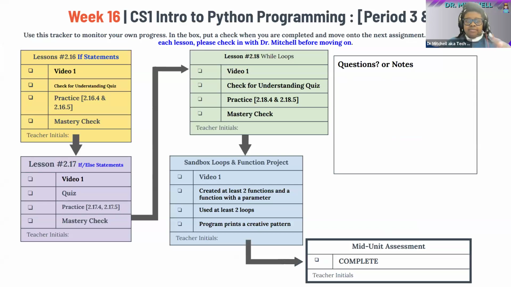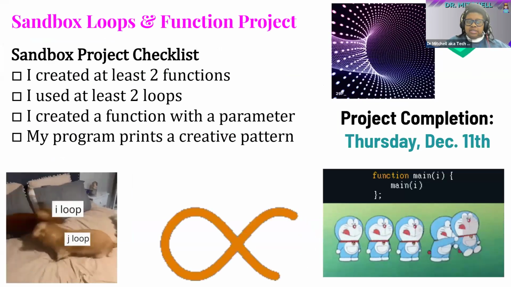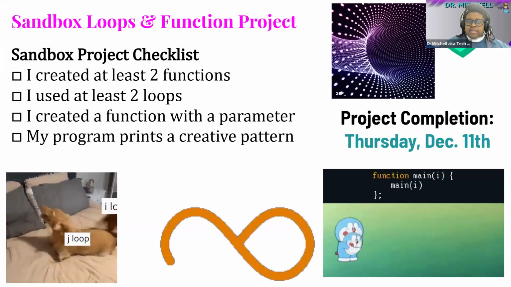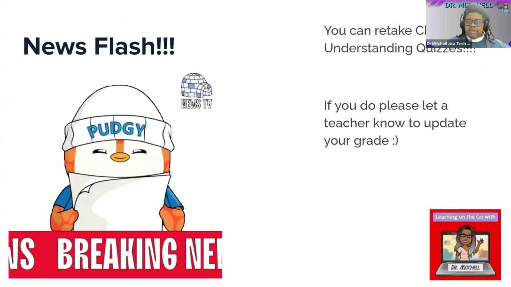I also will have this printout just in case you need the guidance for lesson 2.16, which is if statements, 2.17, which is if and else statements, and then lesson 2.18, which is while loops, and then obviously your sandbox loops function project. Again, just so you can see what the sandbox checklist is, we have it here, all there, ready for you.